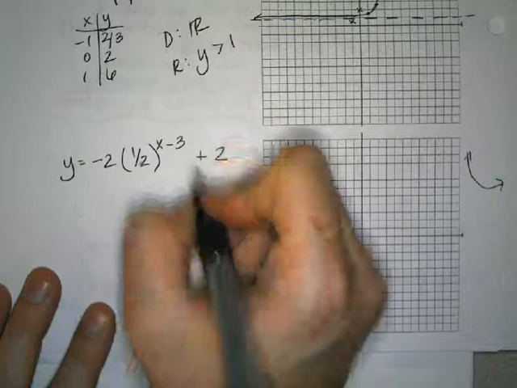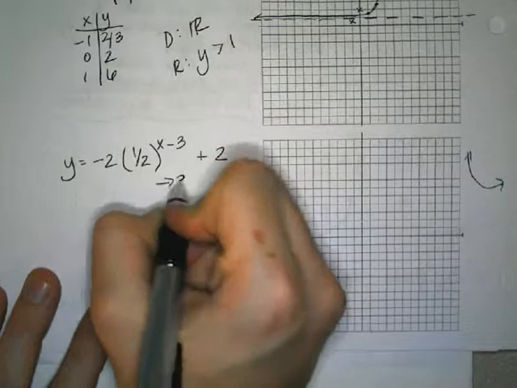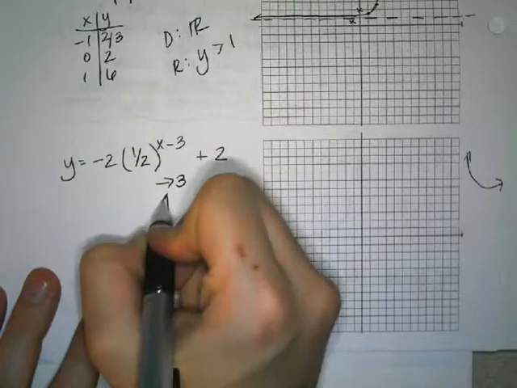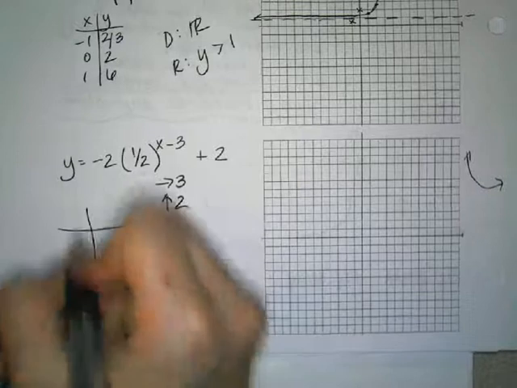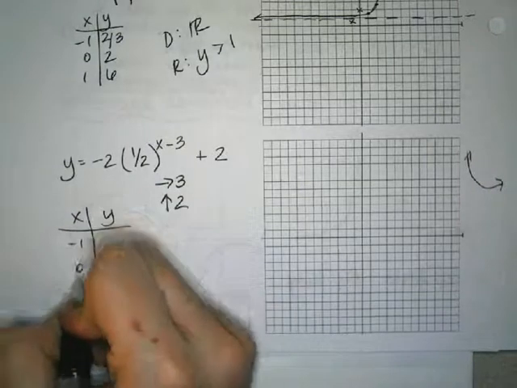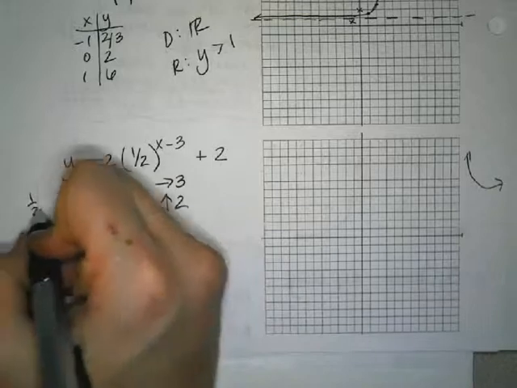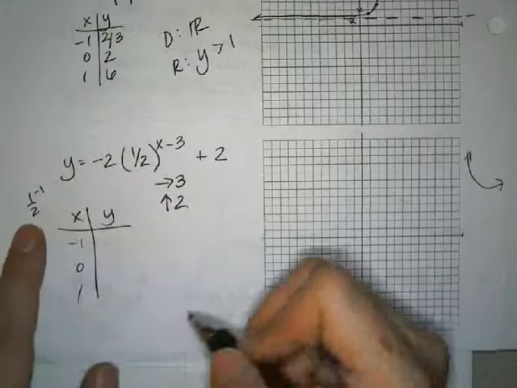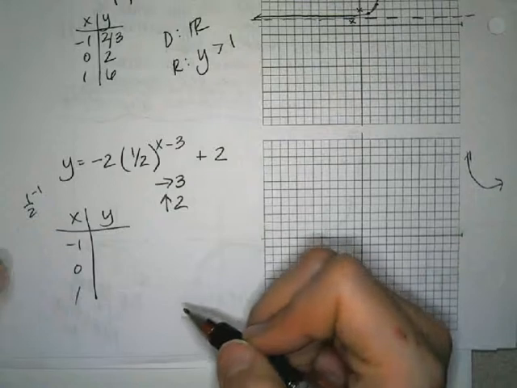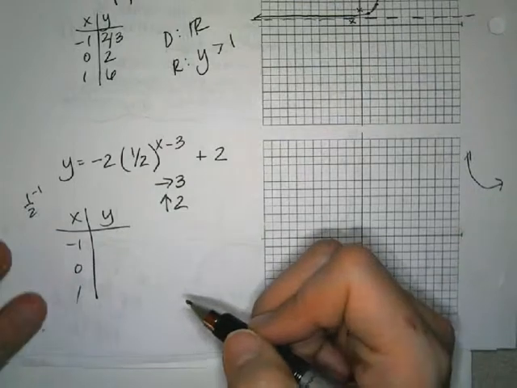Alright, this 3 is going to make my graph move to the right 3. This is going to make my graph move up 2. Again, small table of values, -1, 0, 1. Now, keep in mind, when I plug in that -1 for the exponent, that -1 is going to take that fraction and flip it. It's going to reciprocate it.